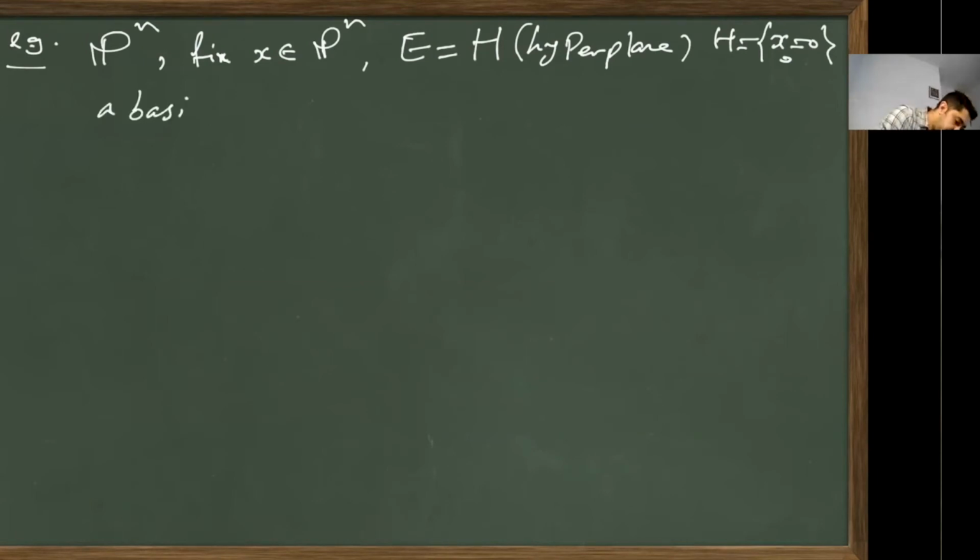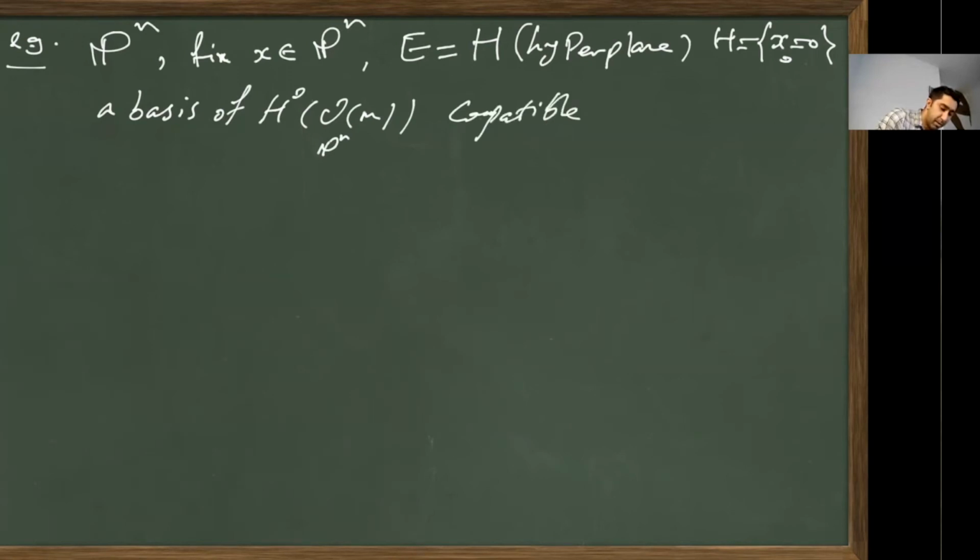Now, what is a basis type divisor? A basis of H^0 of O(m), and I want it to be compatible with H. So such a basis consists of the following.